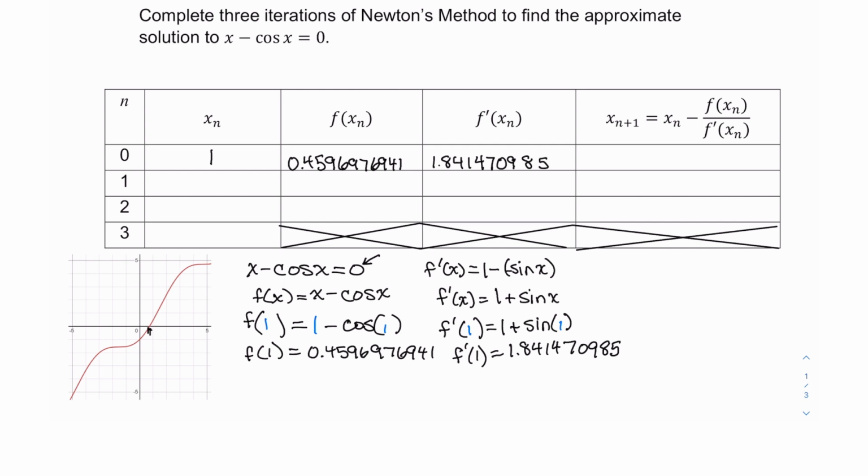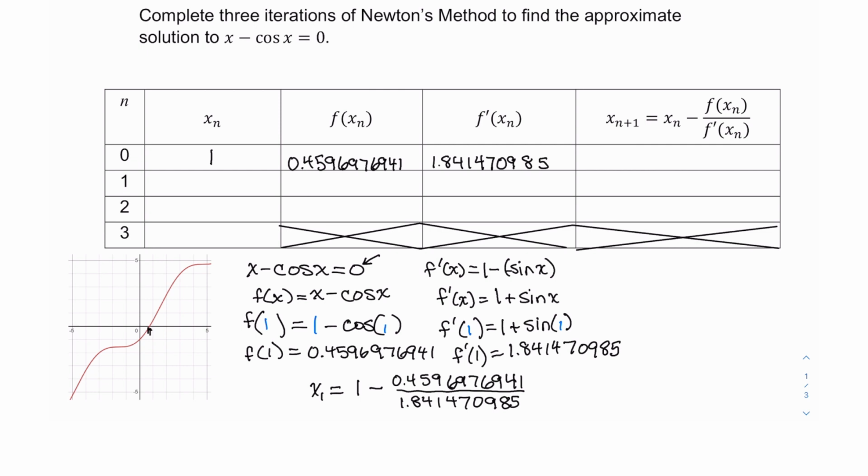And now for our x sub 1, we are going to get that by taking x sub 0, which is 1, minus f of x sub 0, which is 0.4596971, divided by f prime of 1, so divided by 1.8414700985.